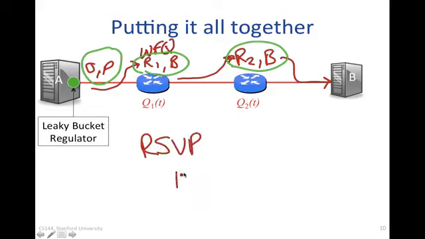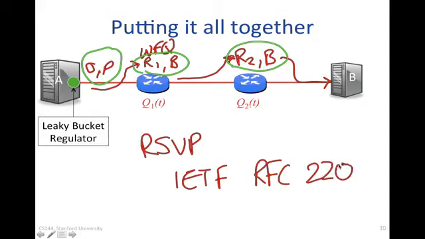And there is an IETF RFC that will tell us all about what we're supposed to do, and it's number 2205. You can find this in any textbook. You can go and look at the RFC, or if you look it up in Wikipedia, you'll find a good description of this. So this is how we populate these values in the first place, how it is that end-to-end the control system is able to install these values along the path.